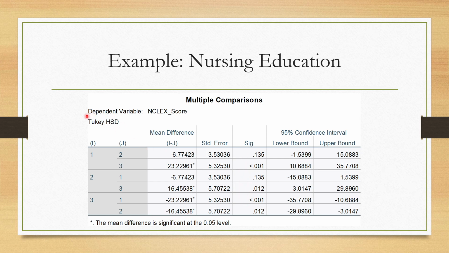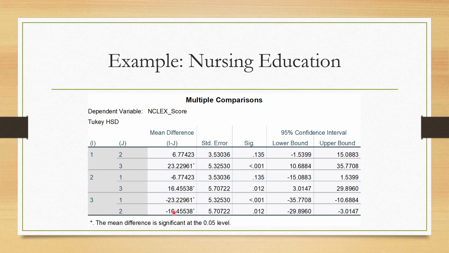Again, we don't have to do that here. We are already correcting our p-value through the Tukey's HSD procedure. Last but not least, we have didactic compared to the first two. Again, we already have these numbers in the opposite direction in the previous results we've looked at, but we do see didactic is statistically significantly different than both.